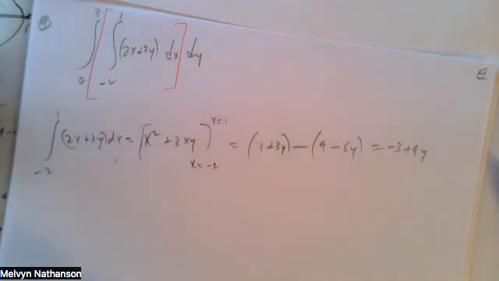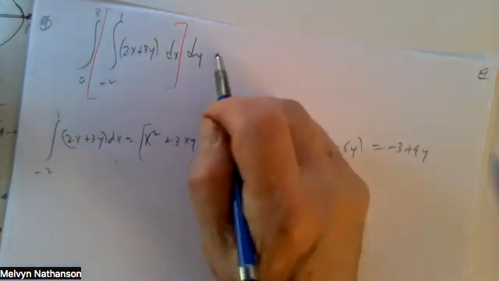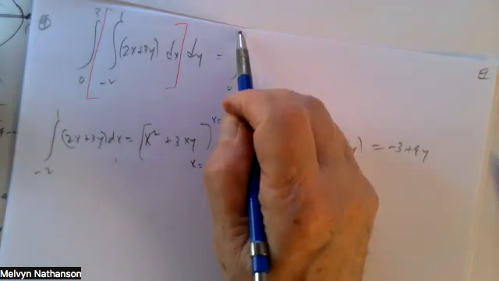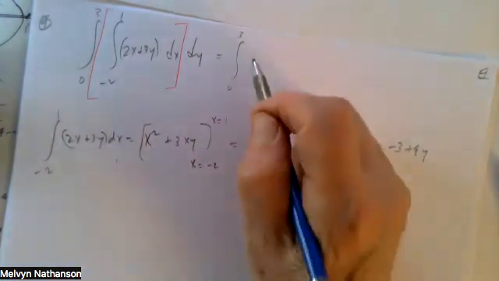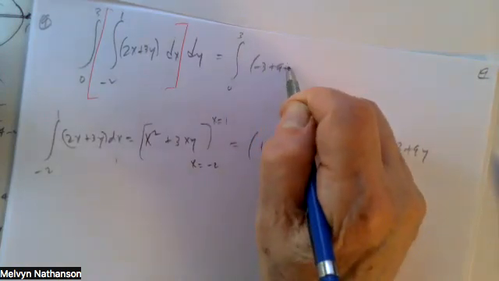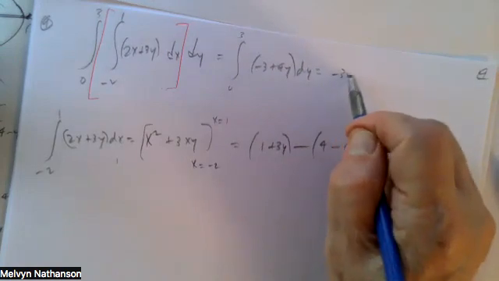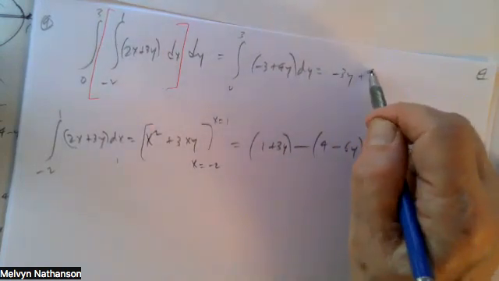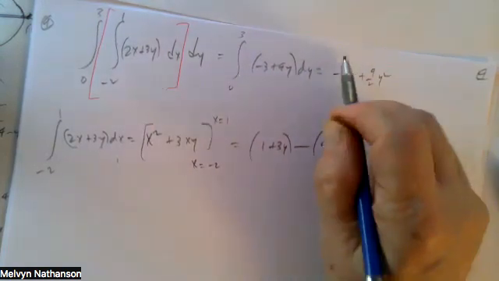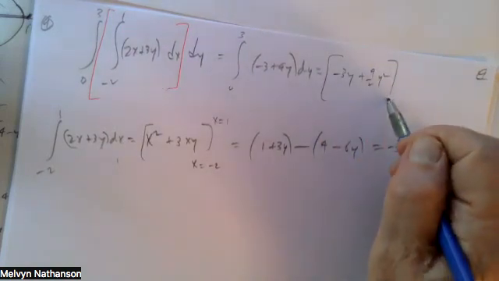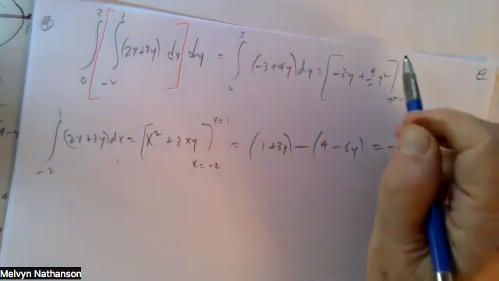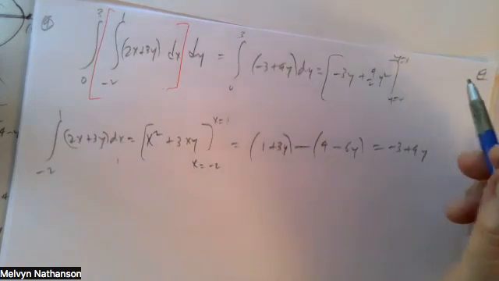That's the inside integral. So I'm integrating from 0 to 3 of -3 plus 9y dy. That's -3y plus 9 halves y squared, as y goes from 0 to 3.